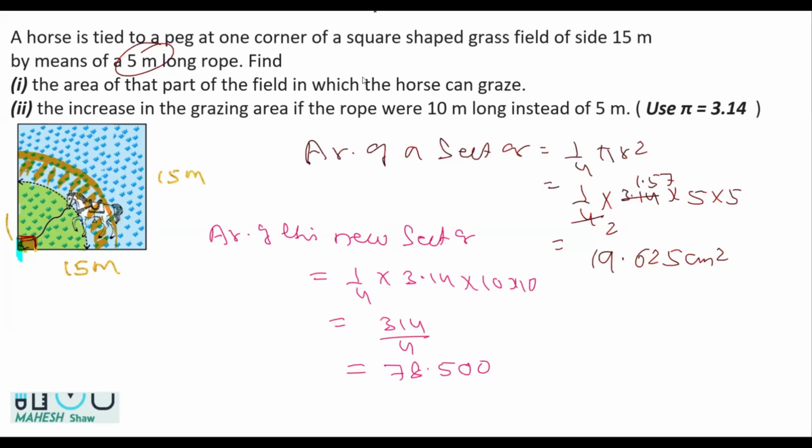Now, since we have to find only the new area, that means this area, right? From the outer area, if you subtract the inner, we should get the answer. So we can say the required area. Let's say I make some space.